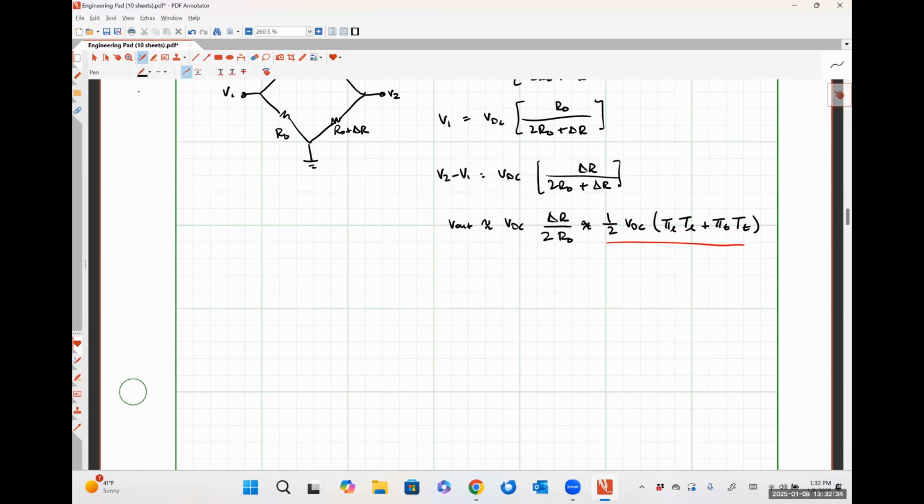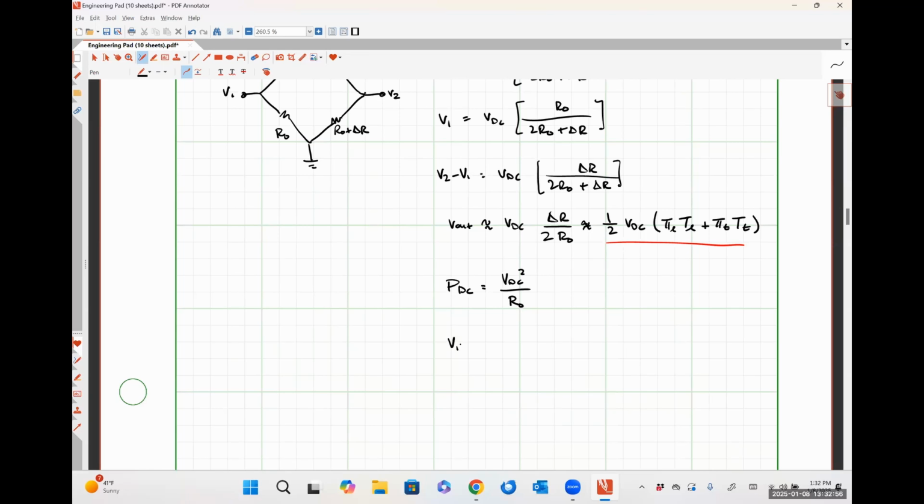So for our power consumption, this is going to look like just two voltage divider circuits in parallel again. So it's effectively going to have the exact same power consumption as our previous double-ended scheme. So VDC squared over R naught.